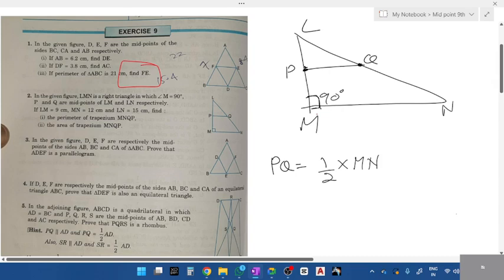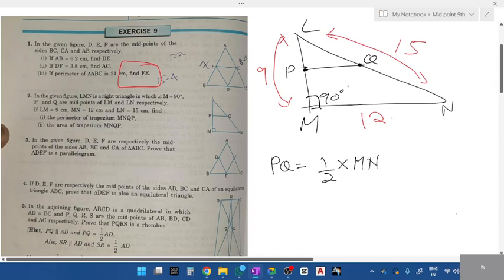Okay, let's start solving this question. What are the values given in the question? What's the value of LM? 9. What is the value of MN? 12. And what is LN? 50. Okay, all three values they have given. We don't need to find anything.